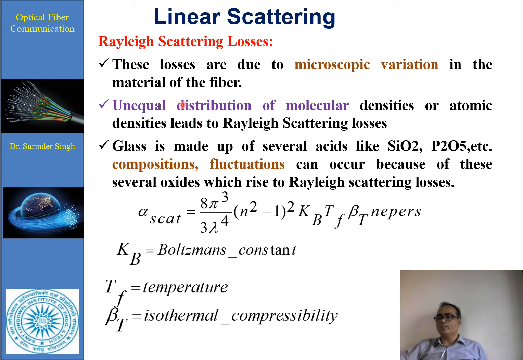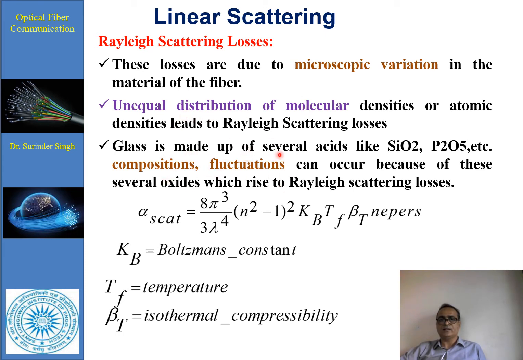So this inhomogeneity may be a refractive index fluctuation, which arises due to density and composition variation, resulting from the freezing of the glass lattice on cooling. Another loss is the composition variation.